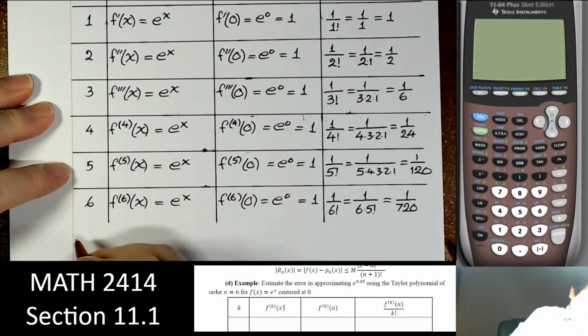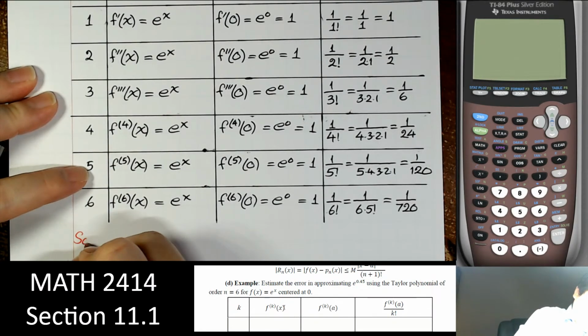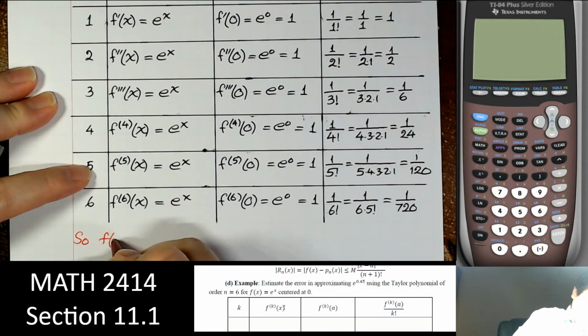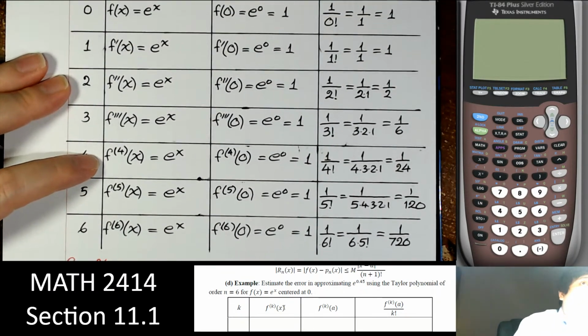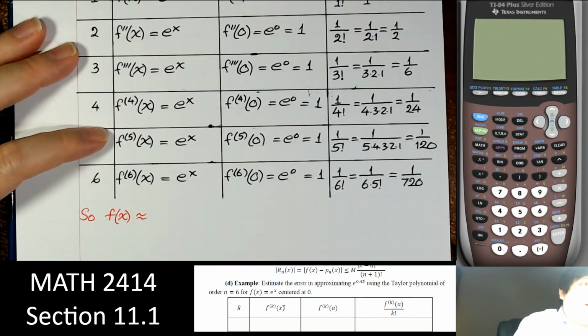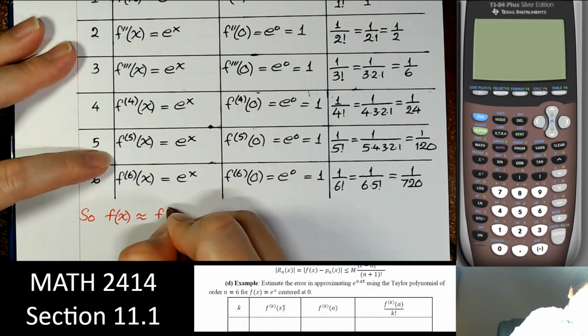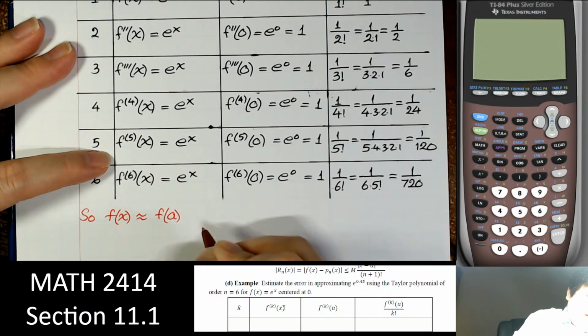Polynomial. So we estimate the function e to the x is approximately equal to... Right, I'm just going to write this in the general form. First we have the value at a.